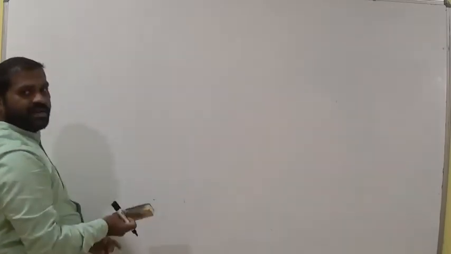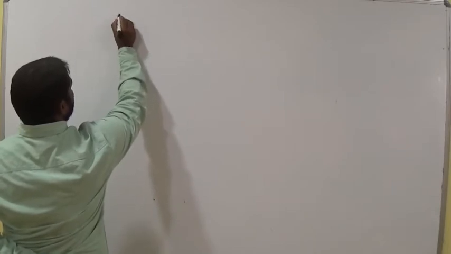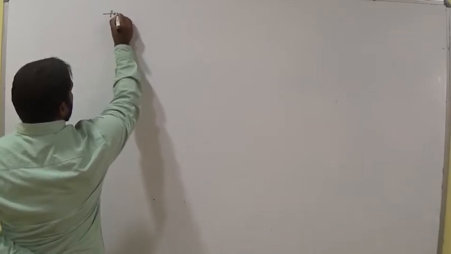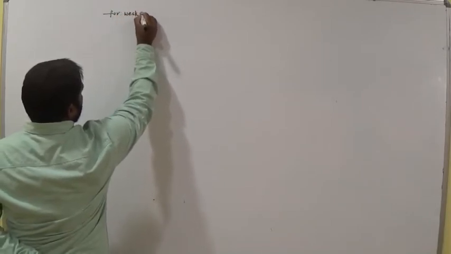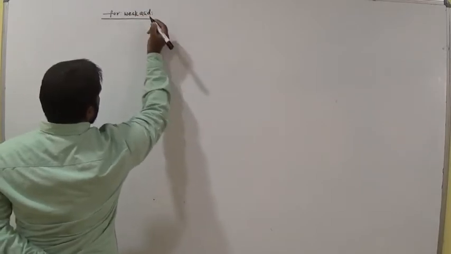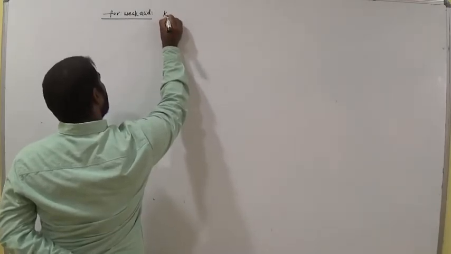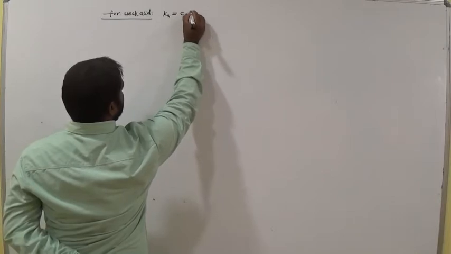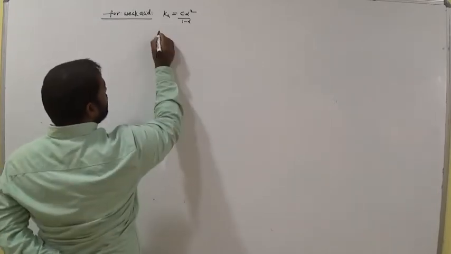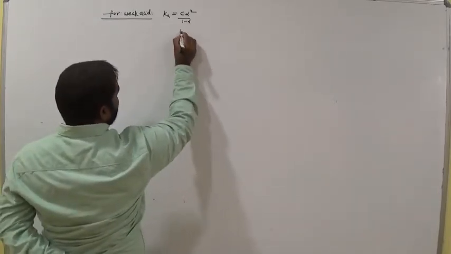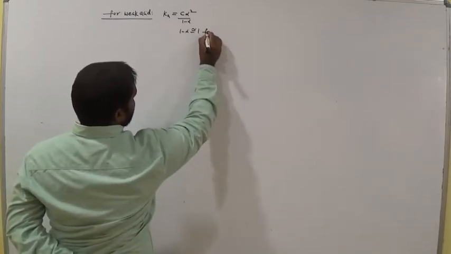So finally I would like to recall once again the statement for a weak acid. Ka equals C alpha square by 1 minus alpha, where 1 minus alpha is approximately 1 for a weak acid.